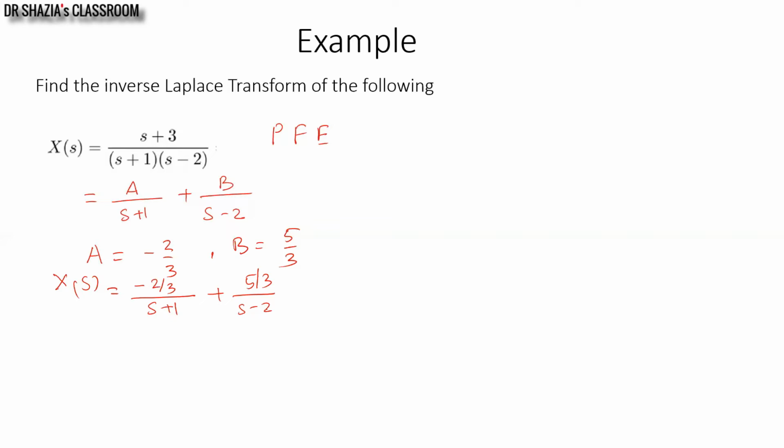So we will look into all the possible ROCs, and based on that what the signal x of t will be. Based on this x of s, what are the poles? The first pole is s minus p1, the second is s minus p2. So the first pole is s equals minus 1.